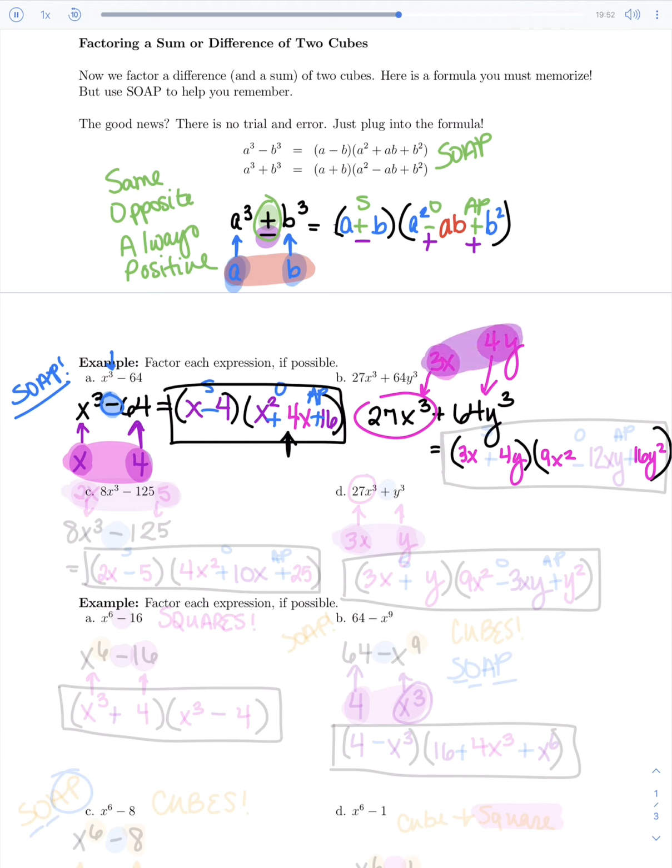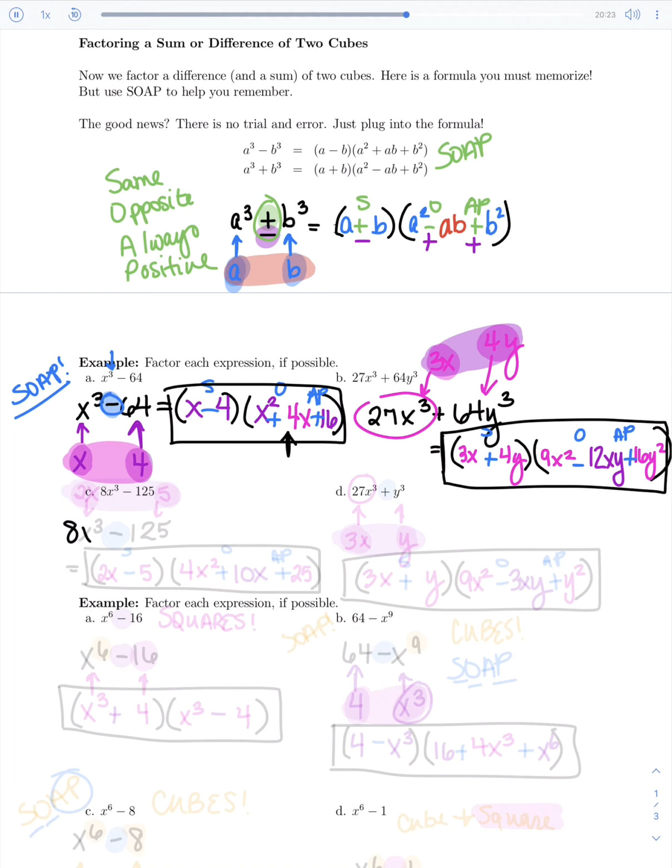So a 3x times a 4y is a 12xy. Then we have same, opposite, always positive. Same would be a plus, opposite would be a minus, and always positive is another plus. And we're done. So it's just remembering and doing this pattern over and over and over again until you feel comfortable with it. Let's take a look at C.